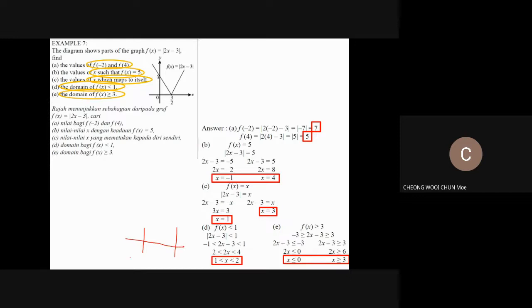So -1 is here, 1 is here. This one is in between: 2x minus 3 is less than 1 and also greater than -1. So it's between here, that's why the answer is here. This one you need to separate. Why? Because of -3 and 3.